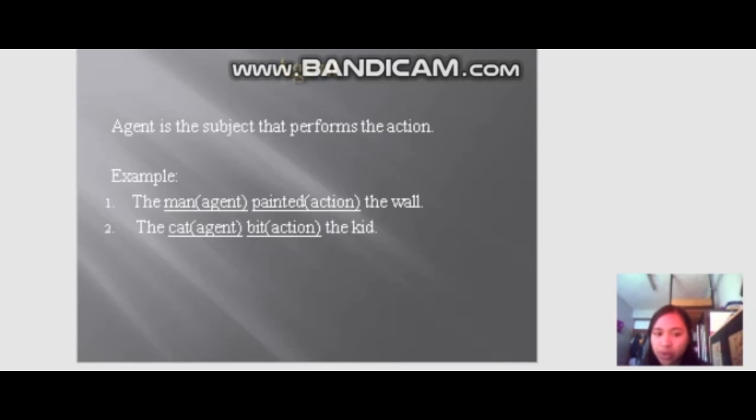Although agents are typically human, like the man, they can also be non-human, like machines and creatures. It can also be an animal like the cat. So this is agent.